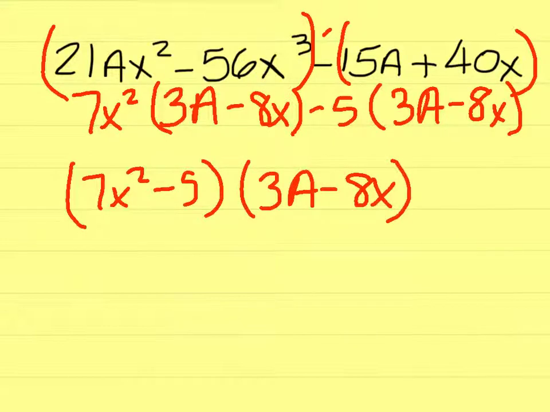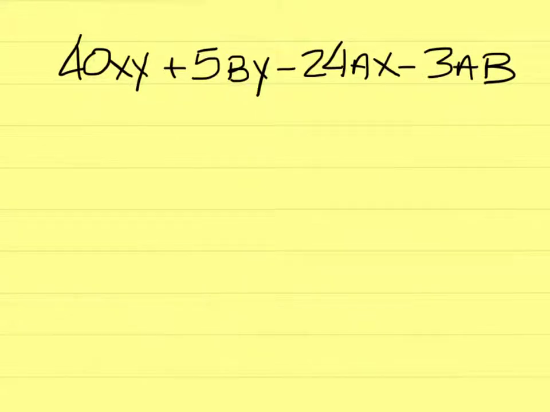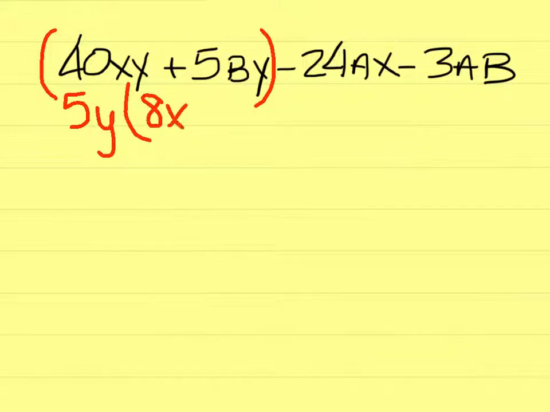If that's what you had, come up and get your points. We have 40xy plus 5by minus 24ax minus 3ab. My first quantity is 40xy plus 5by. What can I take out of there? 5y. What am I left with? 8x plus b. Do we write the 1?